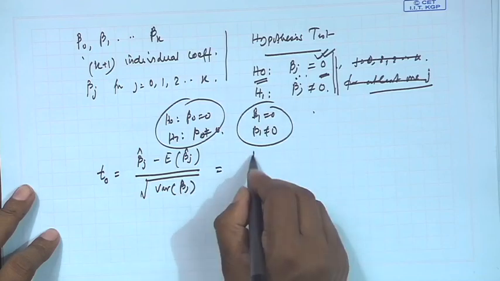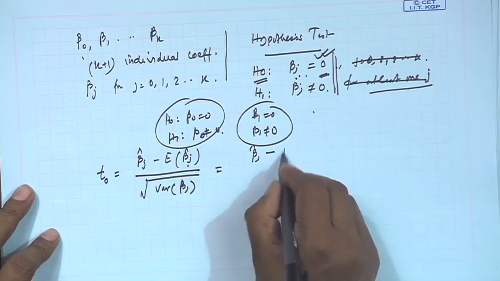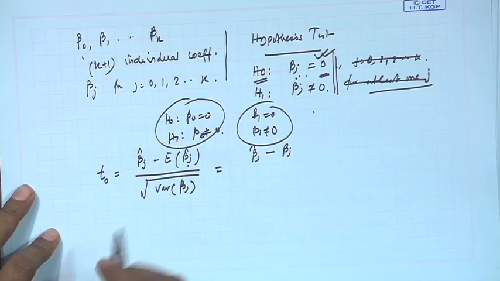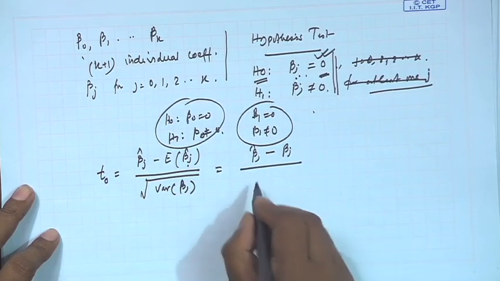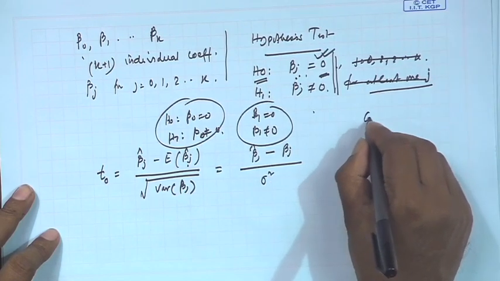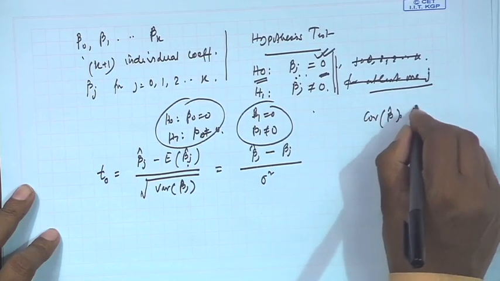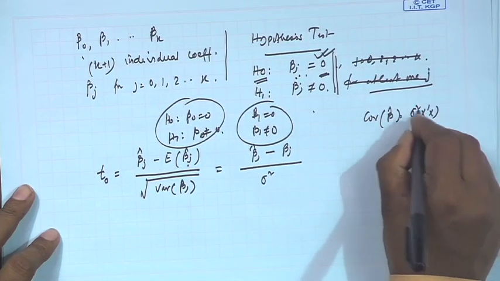Now, this can be written like this: beta j cap minus expected value of beta j cap, which you have already seen is nothing but beta j. Now the variance part: we have seen that the covariance of beta cap equals sigma square (X transpose X) inverse.